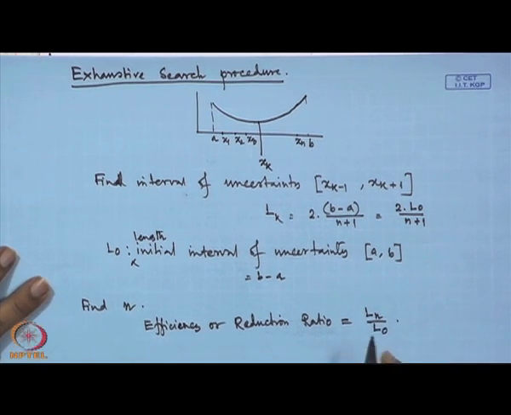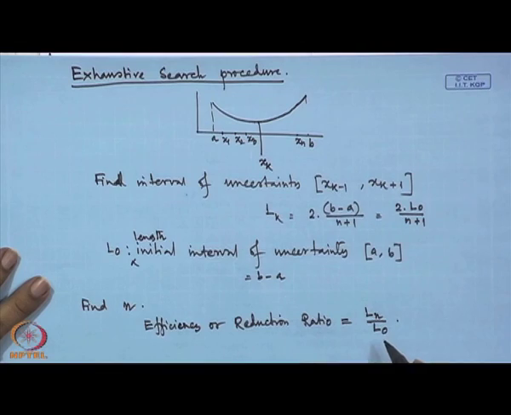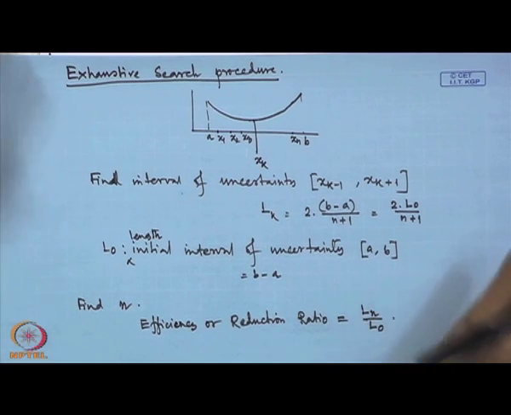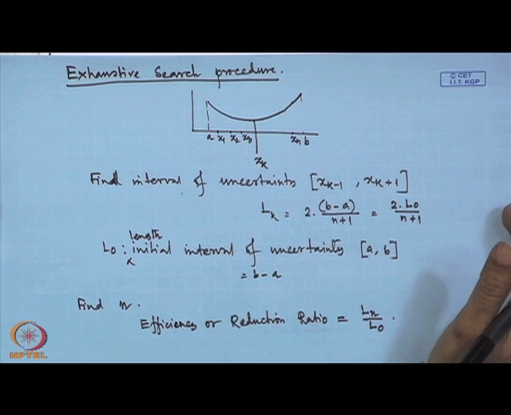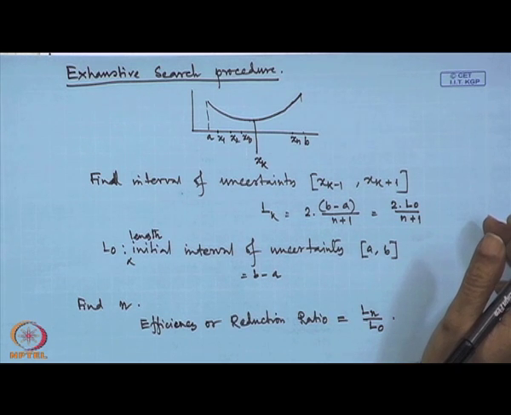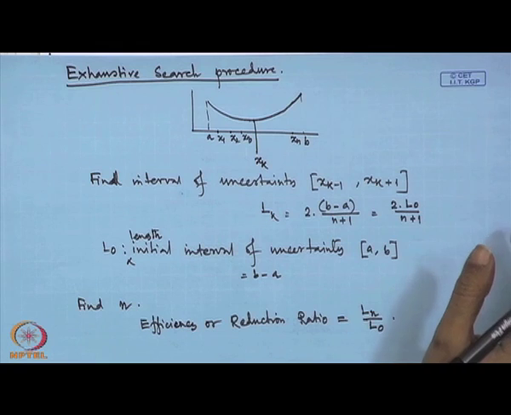That means after n iterations, what is the interval of uncertainty and what was the previous interval of uncertainty. Though we are discussing several searching procedures, we will discuss in the next lecture which method is more efficient, and that will totally depend on the reduction ratio value.